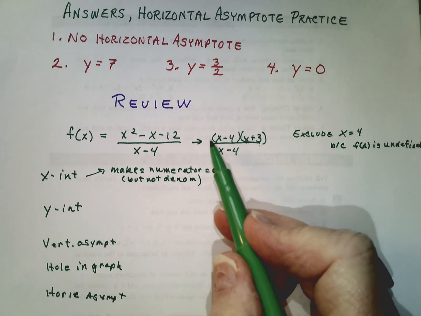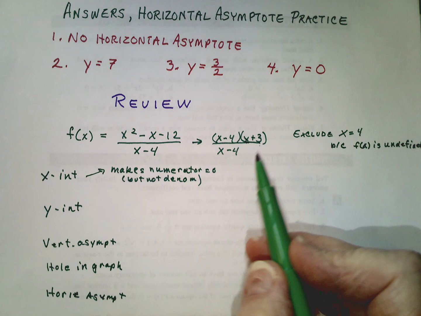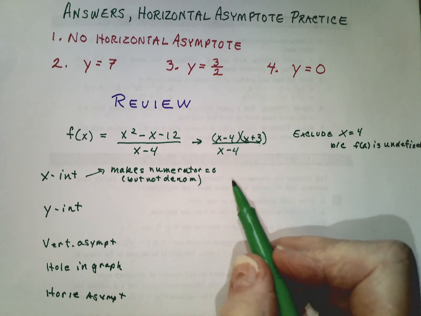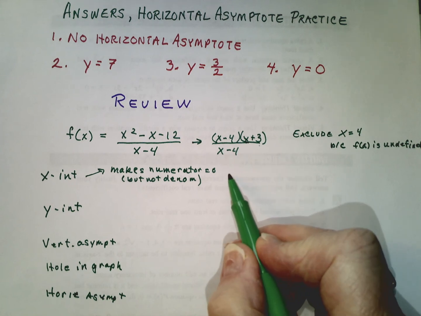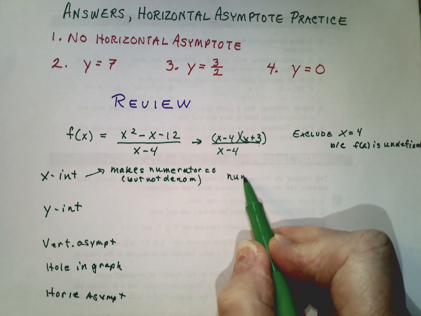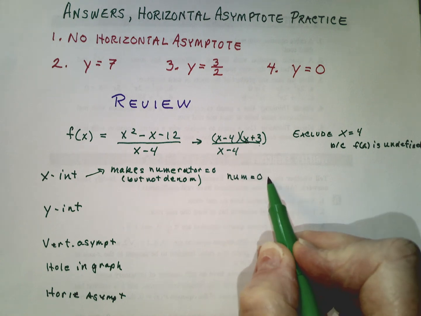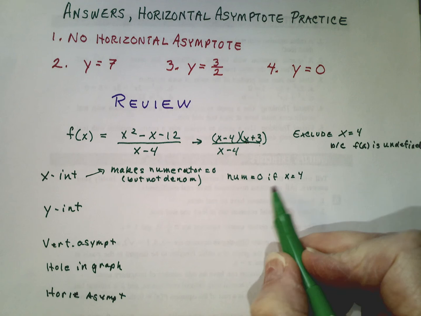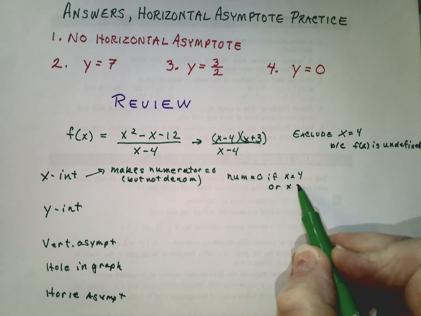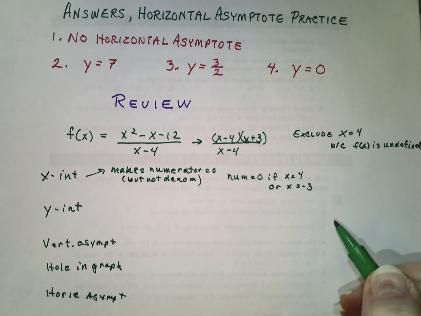Okay, so if we look at our numerator here, the numerator is going to equal 0 if x equals 4, or x equals -3.